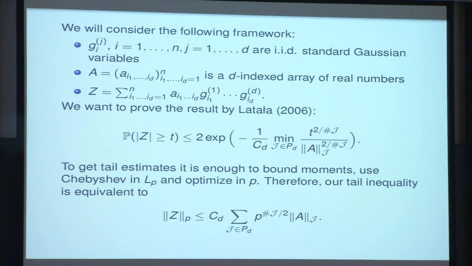So you may think of it that we have d standard Gaussian vectors in R^n, right? If you fix j and consider g_i, where i changes from 1 to n. And we have a matrix which is d-indexed, right, to define a d-linear form. And this is the definition of the random variable we are interested in.